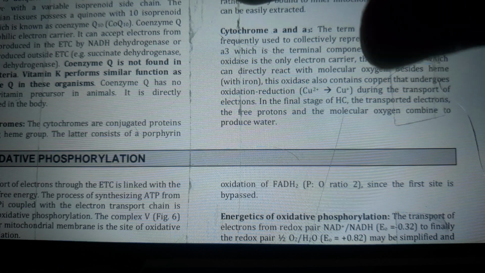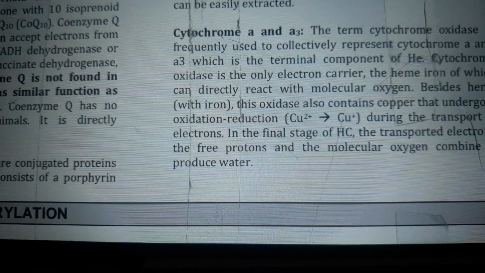The term cytochrome oxidase is frequently used to collectively represent cytochrome a and a3, which is the terminal component of the ETC. Cytochrome oxidase is the only electron carrier, the heme iron of which can directly react with molecular oxygen.